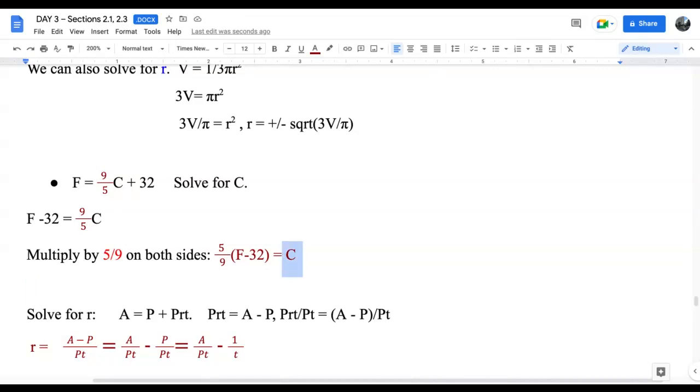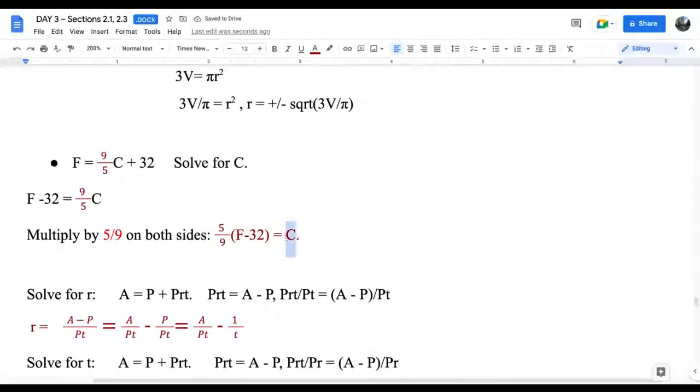We don't bother to write 1, just write c. Then we have 5 over 9 times f minus 32. Or we can just leave it like this: 5 over 9 of f minus 32. Okay, that's perfect.